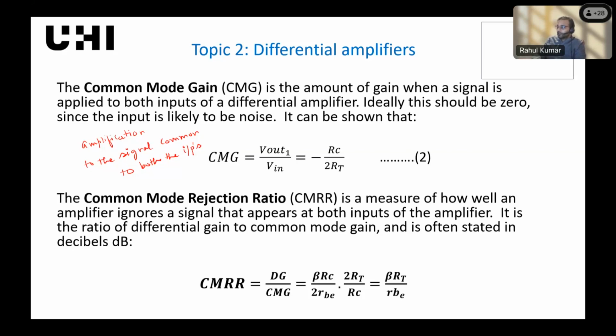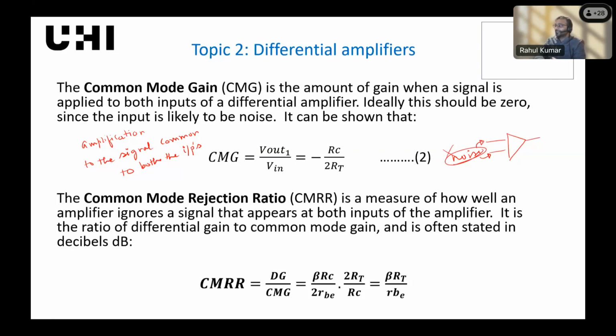A signal common to both inputs would be noise, right? So noise can only affect both the signals equally. So ideally, my amplifier should get rid of this noise.